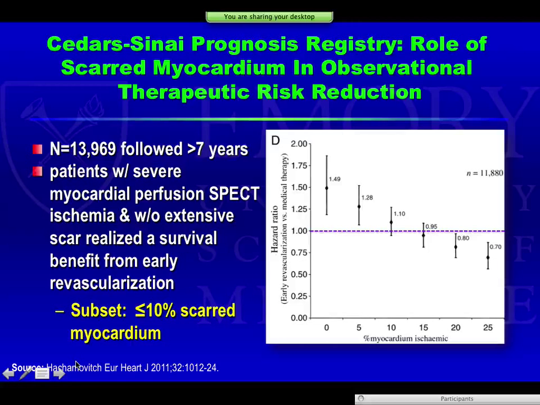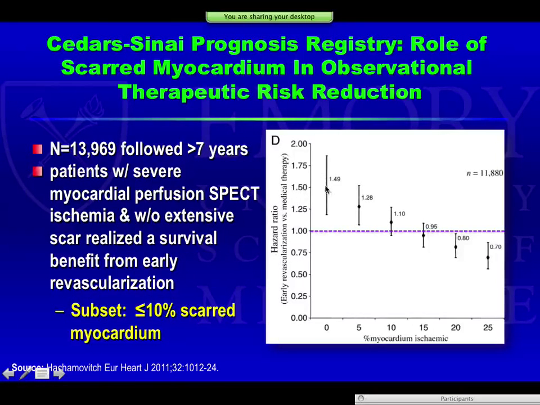This was also a subsequent paper that we published a couple years ago in the European Journal. We did a follow-up, a longer length of follow-up, and we actually did some subset analysis in terms of that therapy. This is that same paper that was published from Cedars-Sinai, looking at a benefit in those patients that had less than 10% of the myocardium scarred as compared to those that didn't.